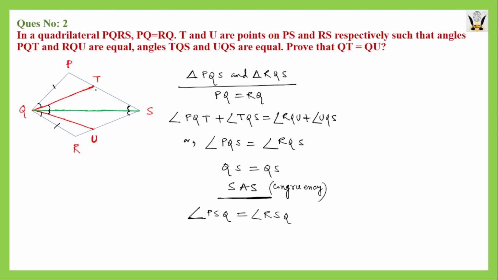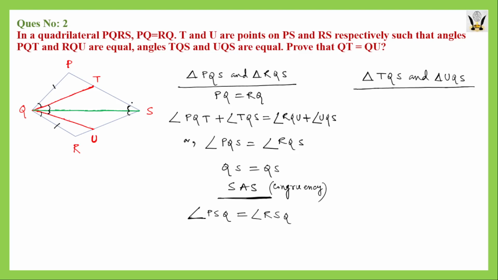Next we will consider these two triangles, triangle TQS and triangle UQS. And between these two triangles, easily we can see the same equal parameters. So here angle TQS is equal to UQS, that was given.